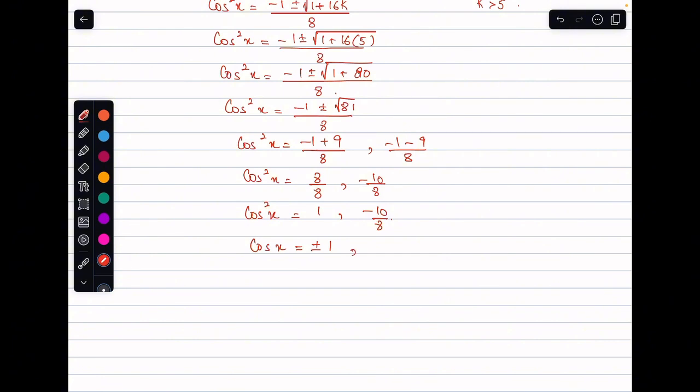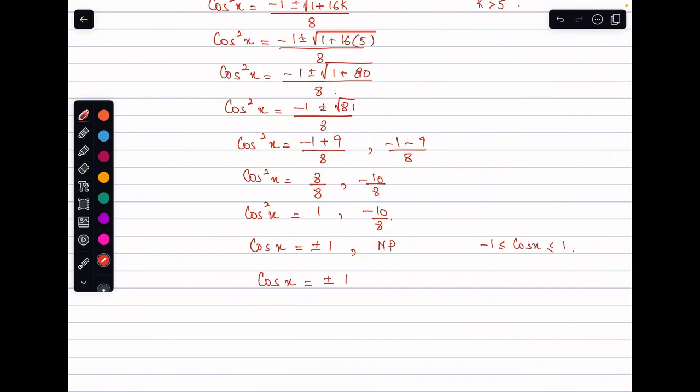And for negative 10 by 8, obviously for negative values, cosine is not possible. So I should be having the solution only for cos of x equals plus and minus 1. So this means that it's actually the range of cosine of x. We have already said that minus 1 is less than or equal to cos of x, which should be less than or equal to 1.